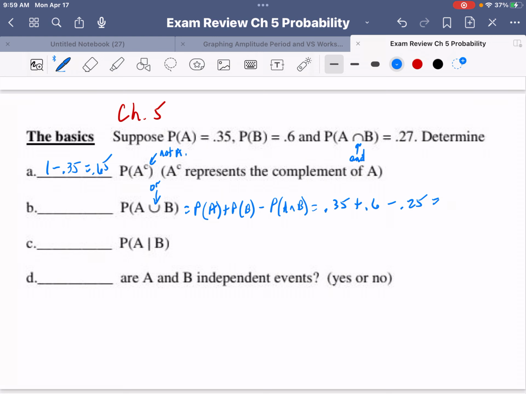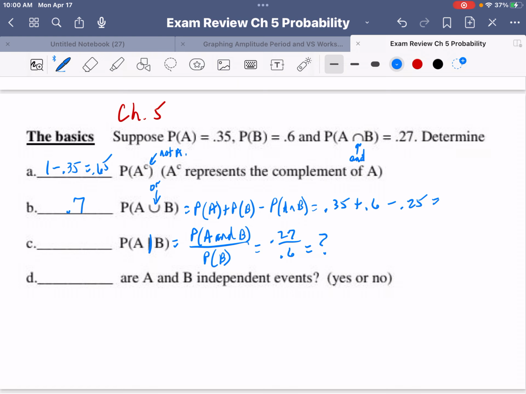I believe that's 0.7 after you add and subtract. The probability of A given B is equal to the probability of A and B divided by the probability of B. So that would be 0.27 divided by 0.6. Grab a calculator and get your answer.